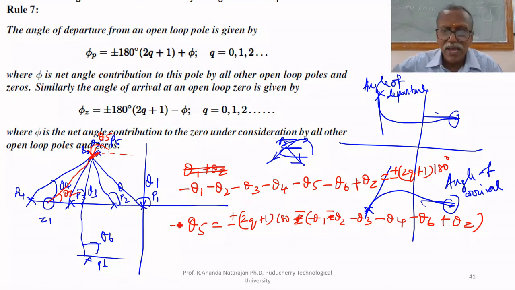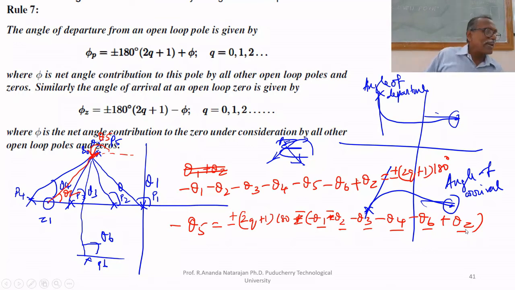That's why I can say that theta 1, theta 2, theta 3, theta 4, theta 6 and theta Z are angles made by lines joining P5 to all other poles and zeros. That is called the net angle contributed by lines joining P5 and all other poles and zeros. What is the angle in question?